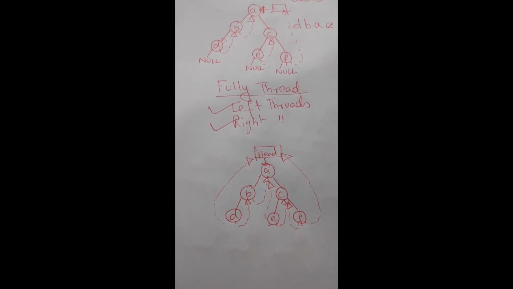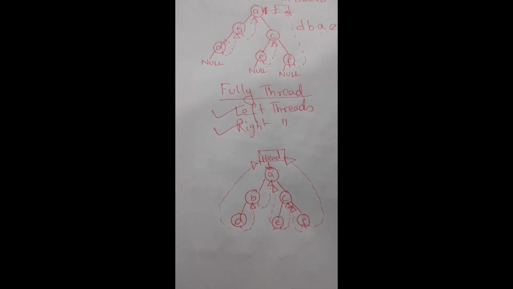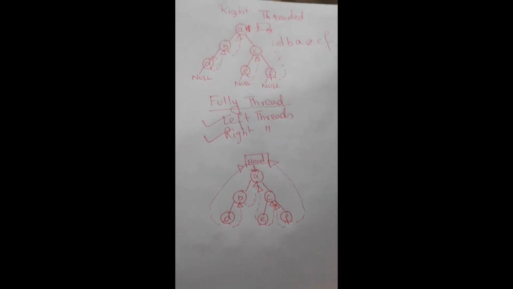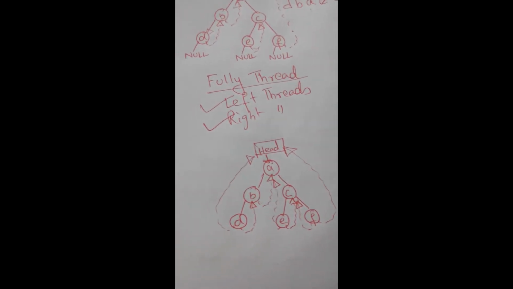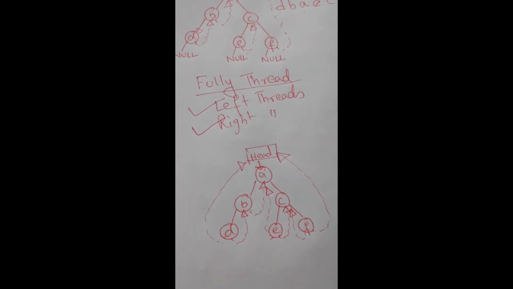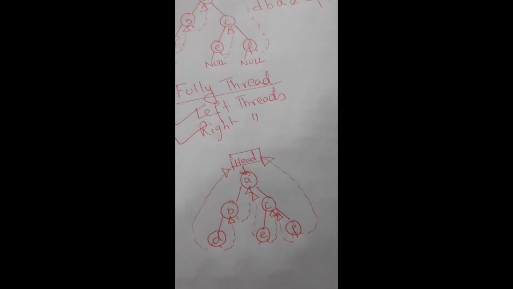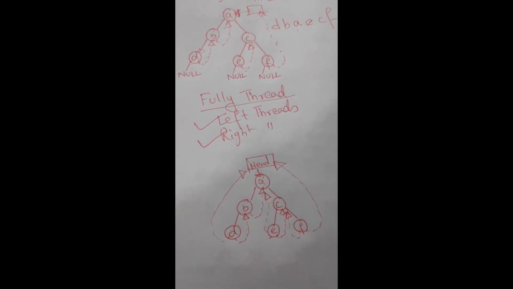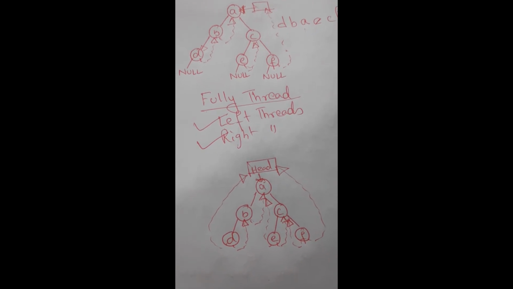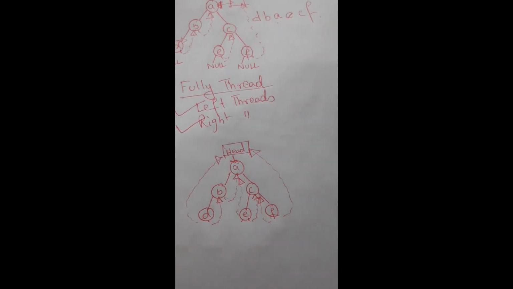Now what is the utility of this threaded binary tree? In case of threaded binary tree, since we are storing the in-order successor or in-order predecessor, for that reason there are cases where the search time gets reduced.